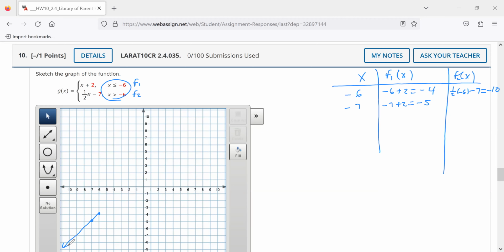Is less than -6. The line only goes that direction. Now the other one at -6, it says greater than, not equal to, right? Just greater than. So at -6 for the other function, we got a -10, which I can't even see. As such. Down there.